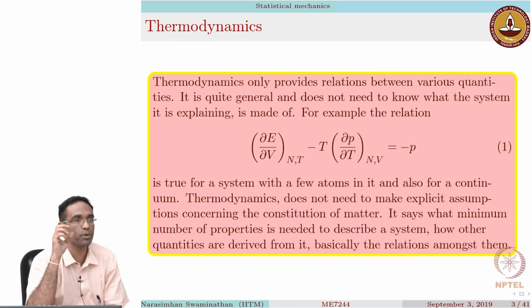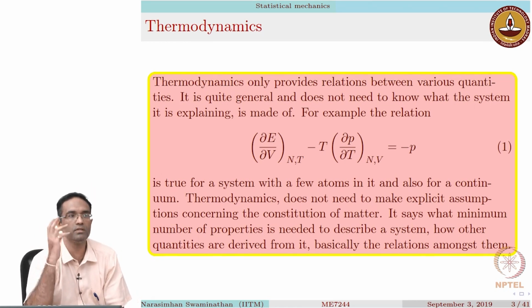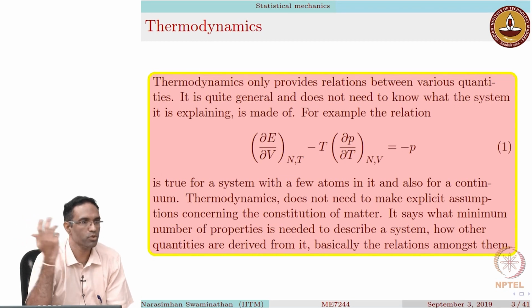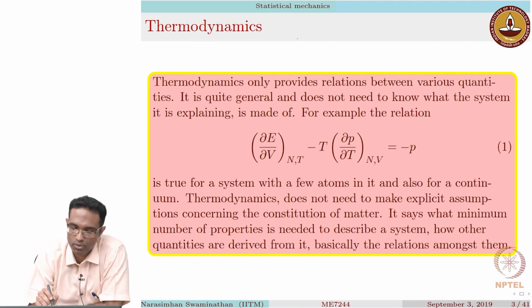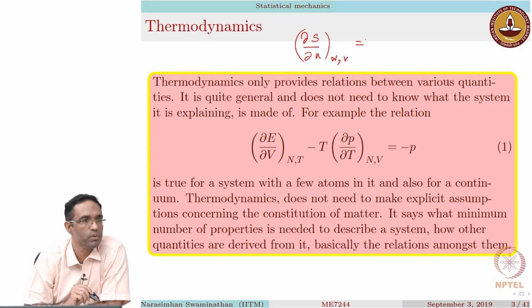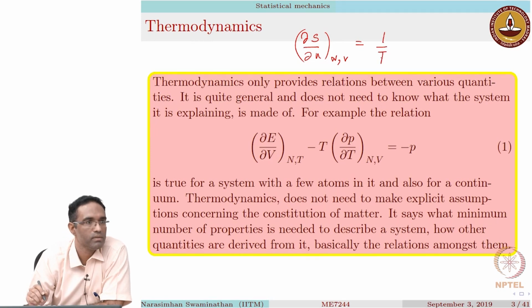So thermodynamics, like I mentioned, just provides the relationship that exists between various thermodynamic quantities, right? You all have seen several such relationships. For example, it tells you that the rate of change of entropy with respect to the internal energy at constant number of species and volume, ∂S/∂U, is maybe 1 over T, right?